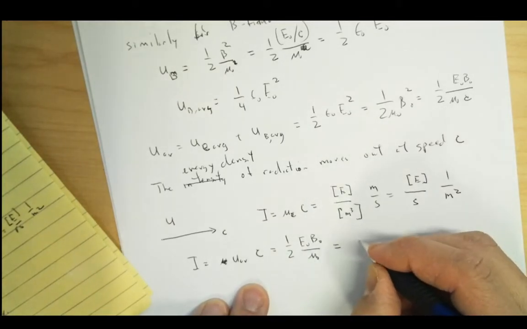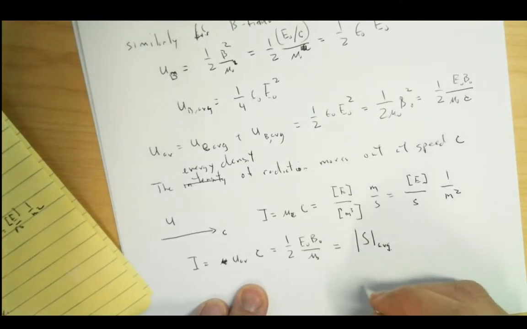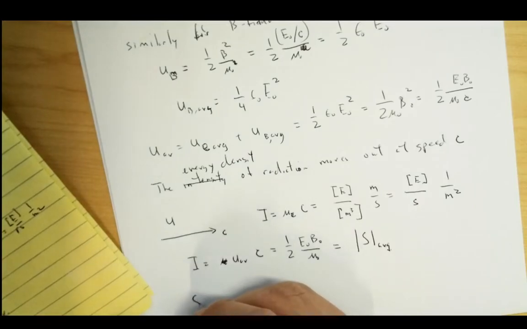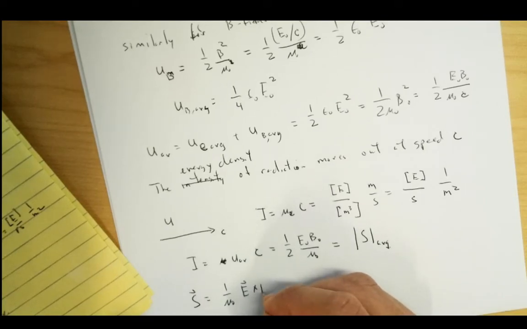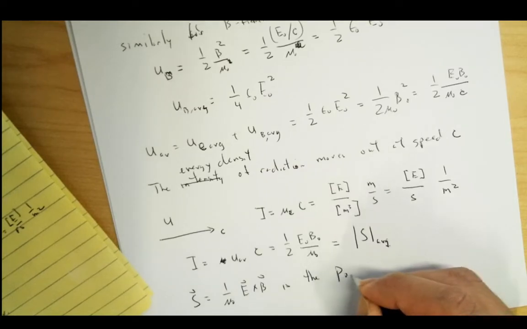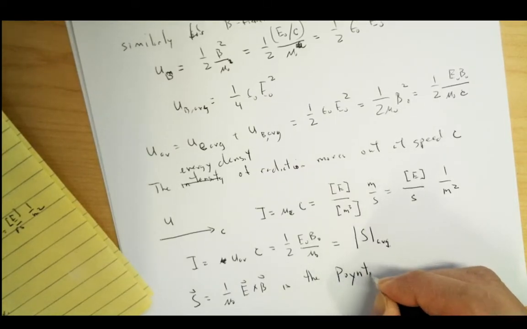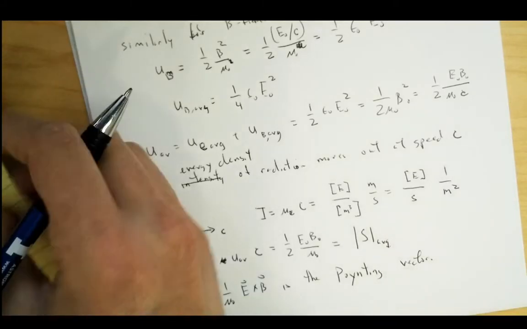I'm going to call this S average, okay? And I'll tell you what S is. S is equal to 1 over mu 0 E cross B, the Poynting vector, with a funny way of spelling Poynting.